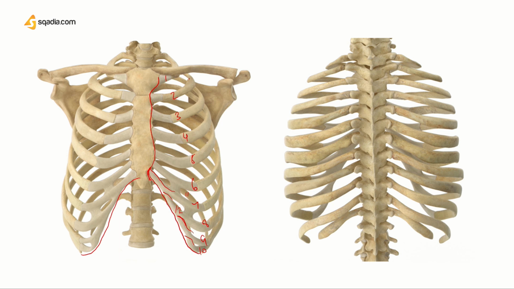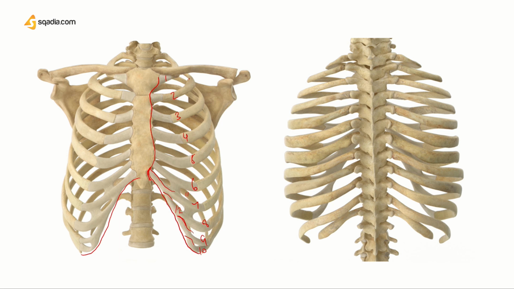So the 8th, 9th, and 10th end by joining the next higher costal cartilage. These are known as false ribs. So ribs 8, 9, and 10 are known as false ribs or vertebrochondral ribs, whereas ribs 1 to 7 are called true ribs or vertebrosternal ribs. Ribs 11 and 12 are free, so they're called floating ribs or vertebral ribs.